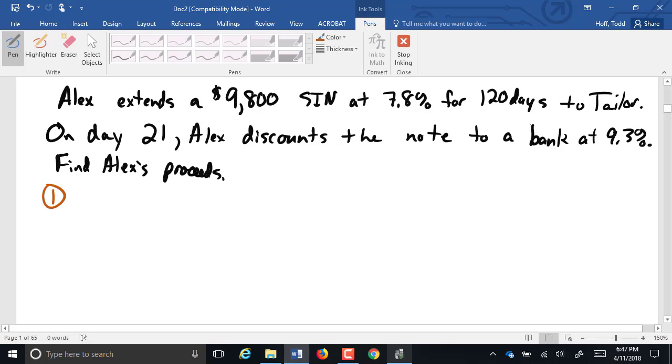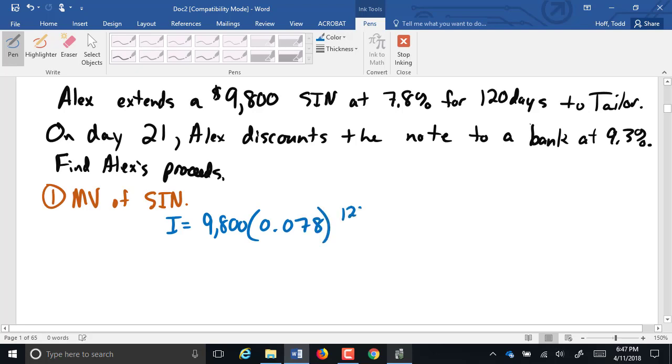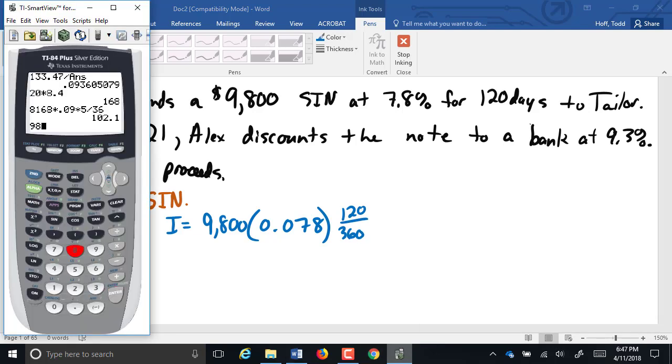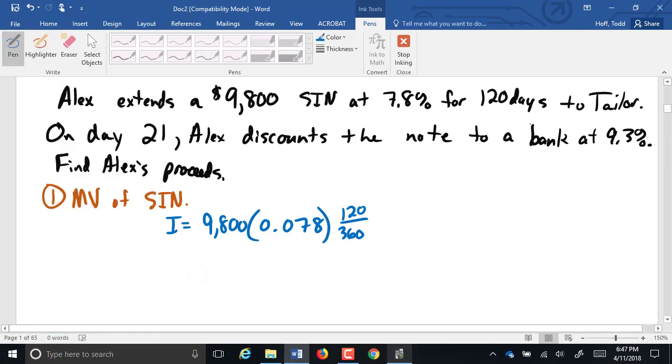What is step 1? Yeah, find the maturity value of that original simple interest note. How do we find it? .078, yep. Perfect. So our principal, 9,800, times our rate of 0.078 times 120 over 360, is 254.80.